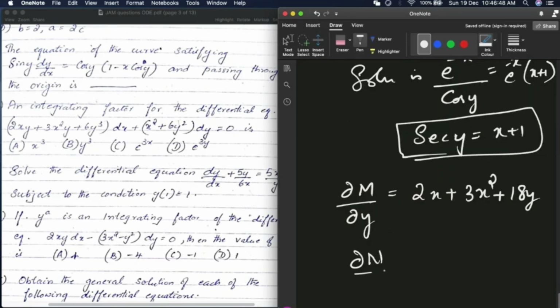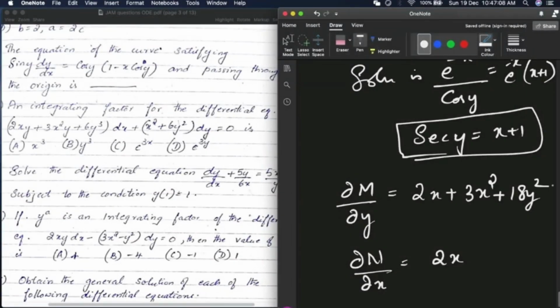And dou N by dou x... y square, no? 2x plus 3x square plus 18y square.